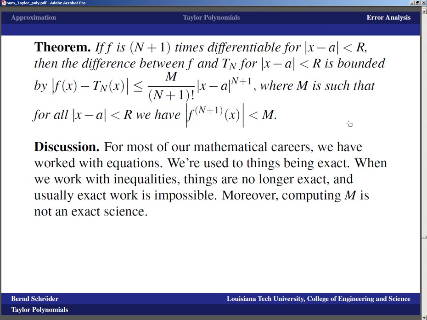So it should make sense that the larger the absolute value of the n plus first derivative is, so the more n plus first order curvature, if you will, we have, the worse the approximation will be, because that big n plus first order curvature would pull the function away from the polynomial, even though we match the first n orders. So that's why that M makes sense.